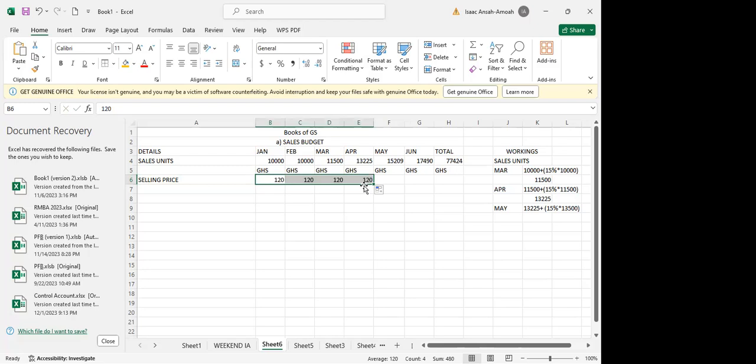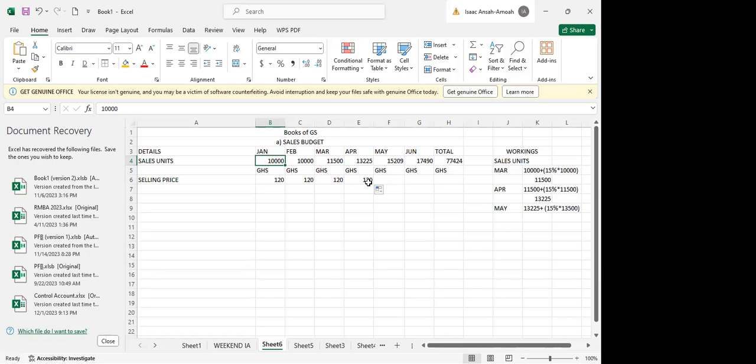But they said that it increased thereafter by how much? 20%. Yes, you can use commas in between. But mainly, I do not want to use commas for the sales unit. I'd rather use it for the values. So for the first 4 months, selling price is 120.